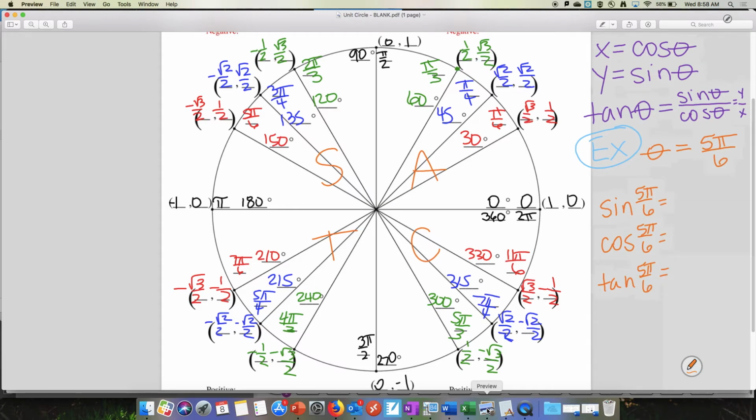Well, here's 5 pi over 6 right here. Our x is negative radical 3 over 2, so that's our cosine ratio. Our y coordinate is 1/2, so that's our sine ratio.